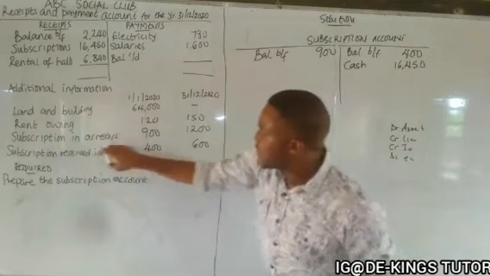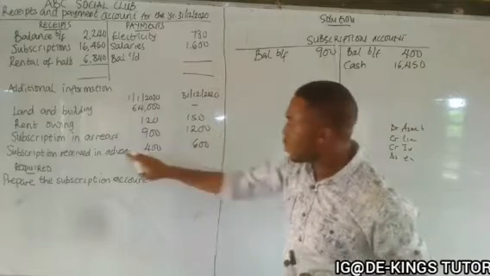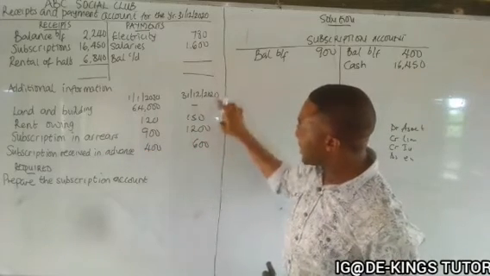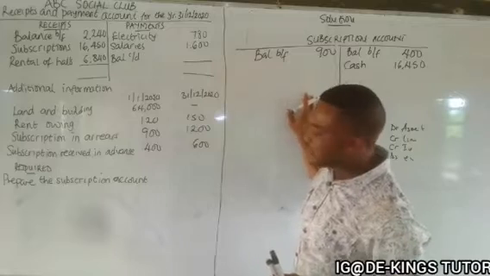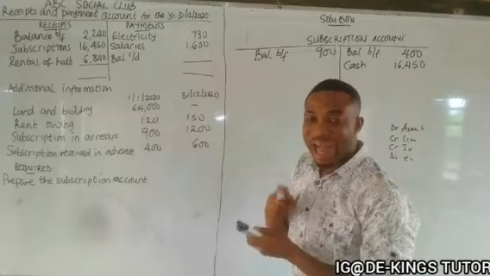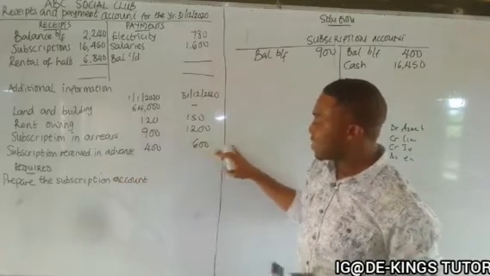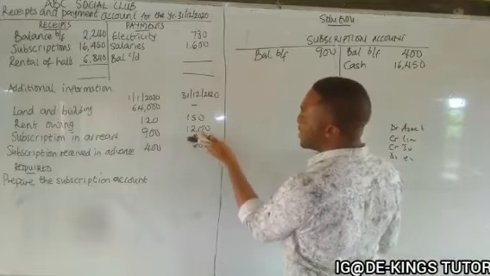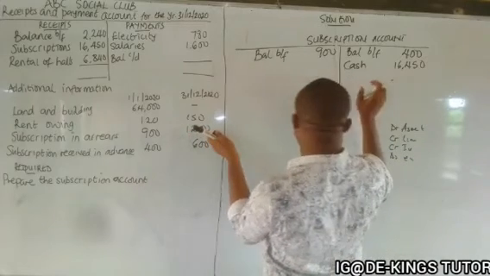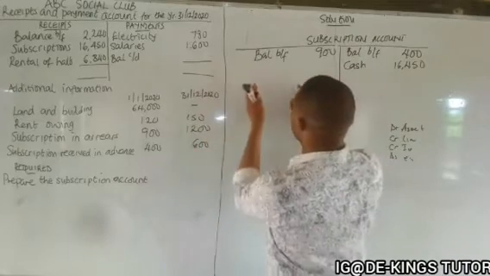Now this last part. We have subscription in arrears and subscription received in advance again. Posting this, I told you for arrears, for this 31st, in which this account is prepared, we are supposed to add all arrears, owed, accrued, unpaid. While advance prepayment is supposed to be less. So we add this, and to add this, I told you it will be towards the credit side, while to less is this side.